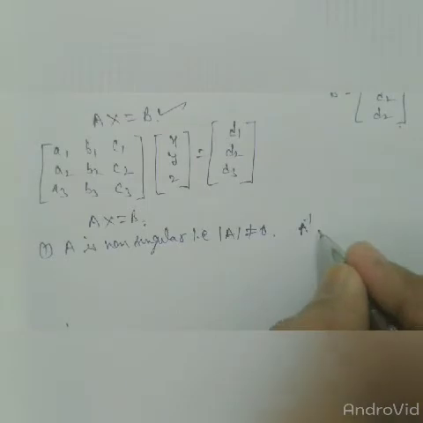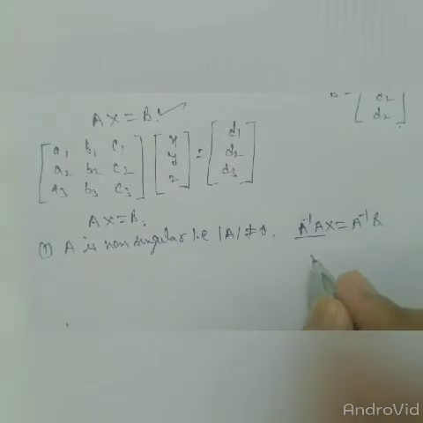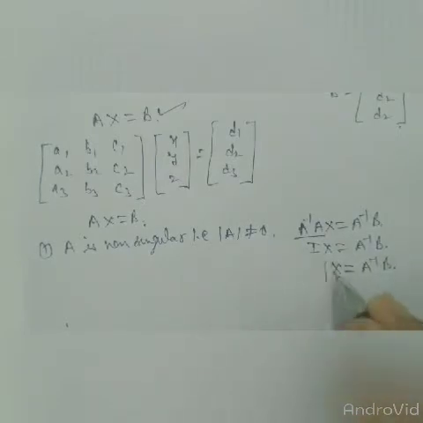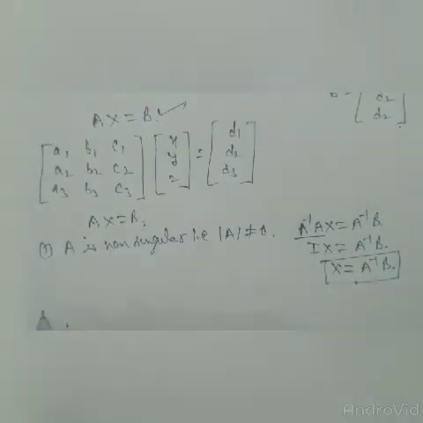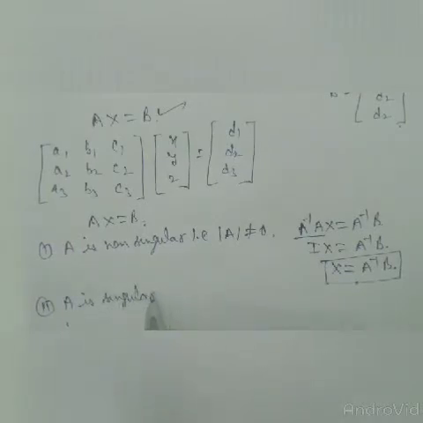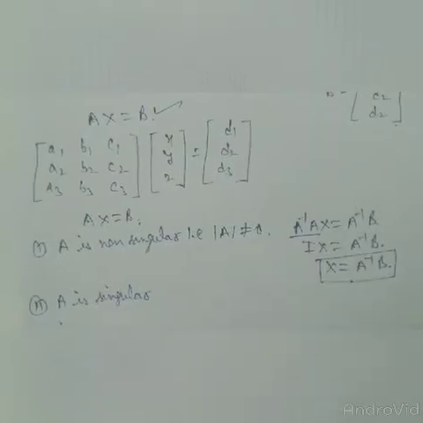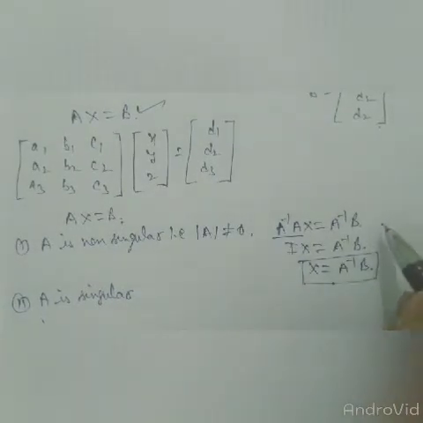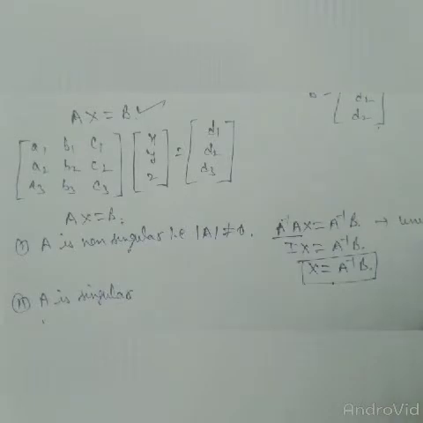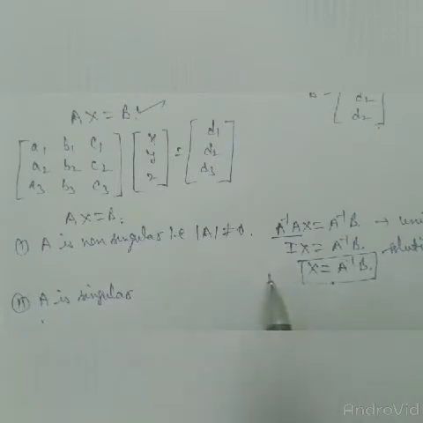Then pre-multiply by A inverse: A inverse AX equals A inverse B. A inverse A is I, so IX equals A inverse B, and X equals A inverse B. So this is the matrix method. Then we have a unique solution, and the system is consistent.